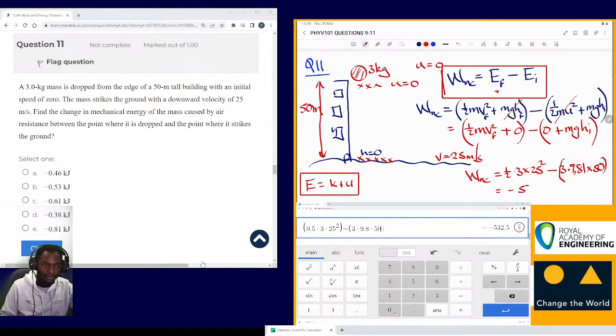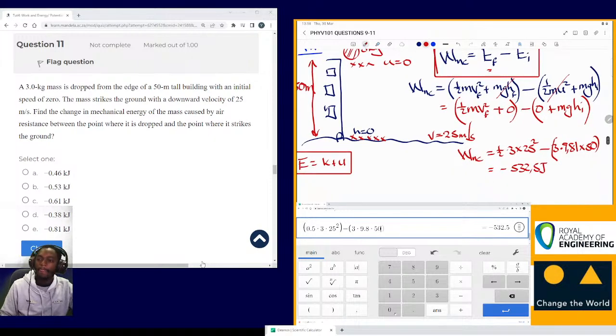Okay, this is 532.5 joules. And this has been given in kilos, so we divide that by 1,000, and we should get negative 0.53 kilojoules, we've put a prefix there.